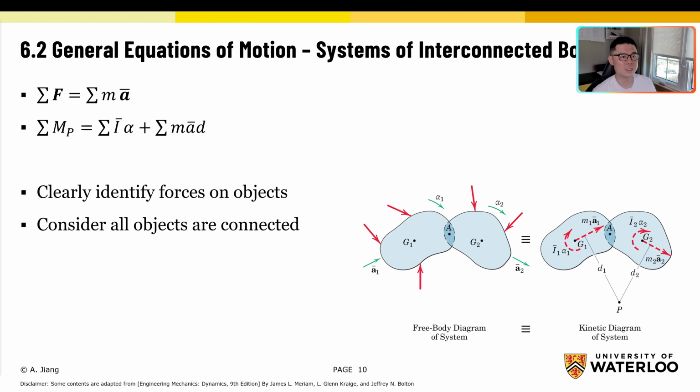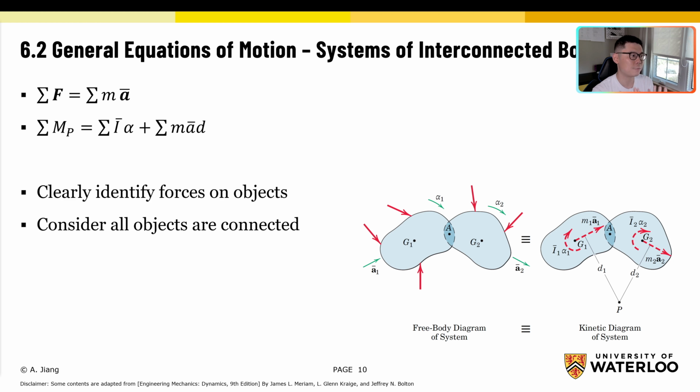Lastly, we have the system of interconnected bodies. As you can see, the equations that can be used for interconnected bodies are very similar to what we already know. The only heads up I would like to give is, since there are two bodies, make sure you clearly identify which force is on which body, because each body will most likely have a different mass.